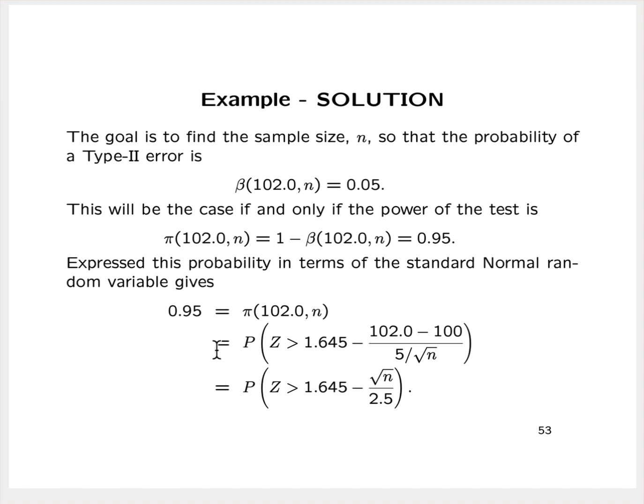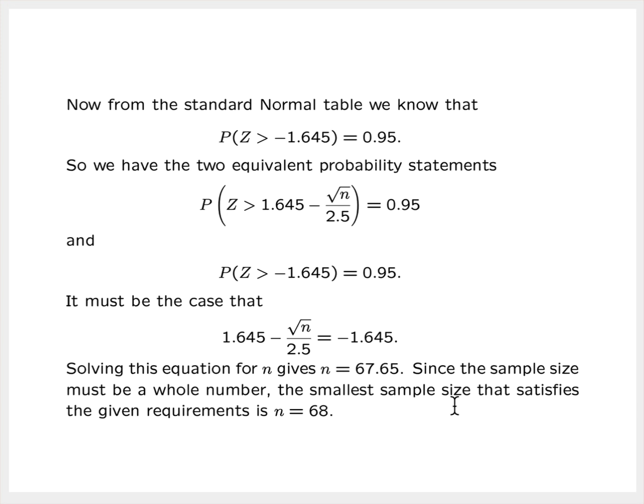And so this is the probability that the standard normal random variable is greater than this expression, which involves the unknown sample size, and that simplifies to this expression here. Now, we know from the standard normal table that the probability that the standard normal random variable is greater than negative 1.645 is equal to 0.95.